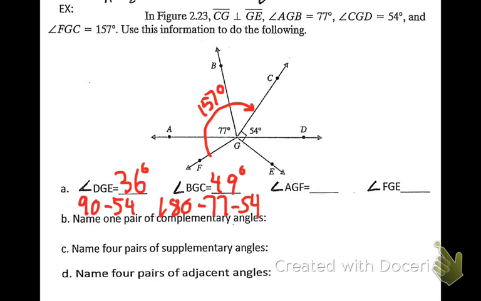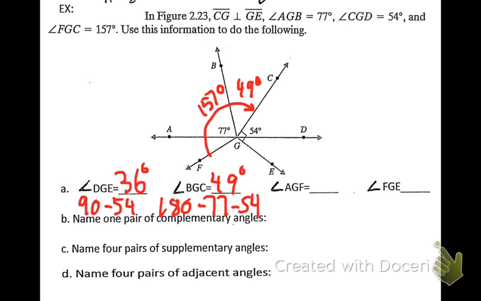AGF. So now we've got this as 49. How do I find AGF? Shatis. Not just 77, 77 degrees.